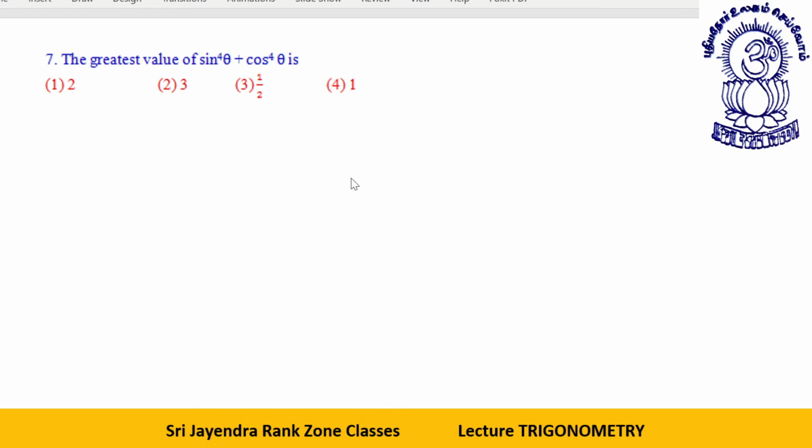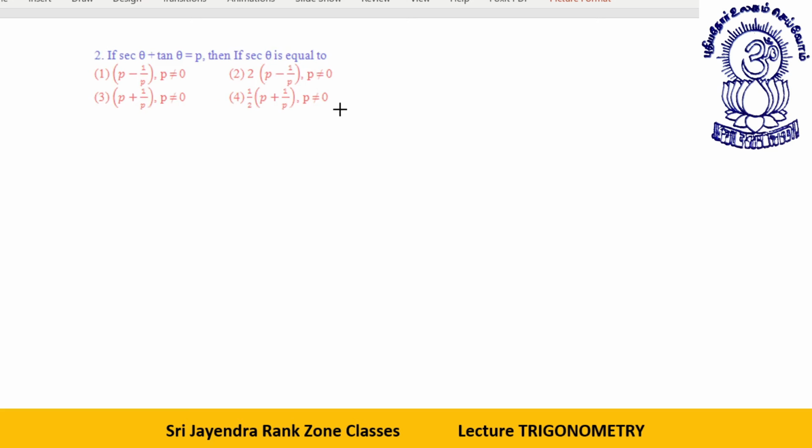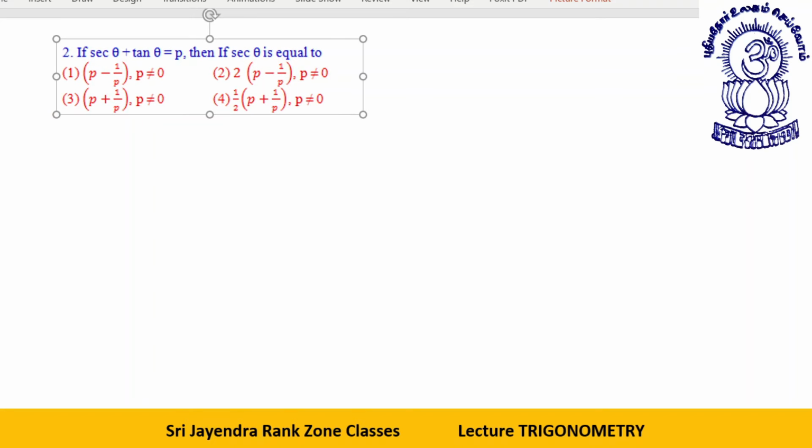Let's move to the next one. If sec theta plus tan theta is equal to P, then sec theta is equal to, see dear friends, we have already done this.